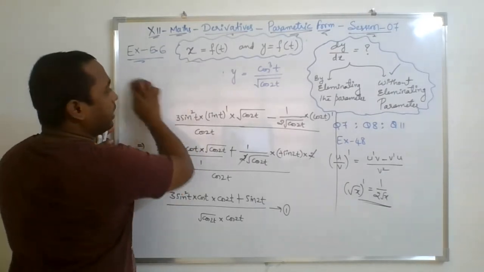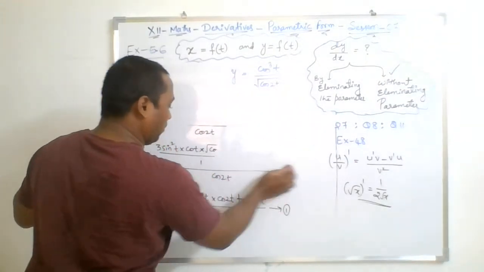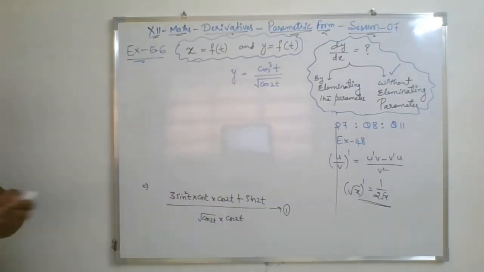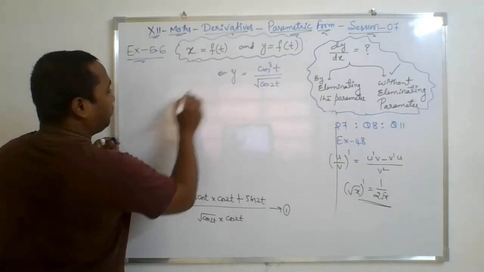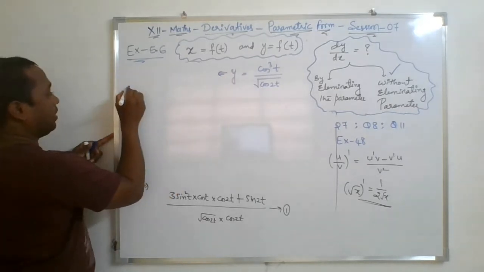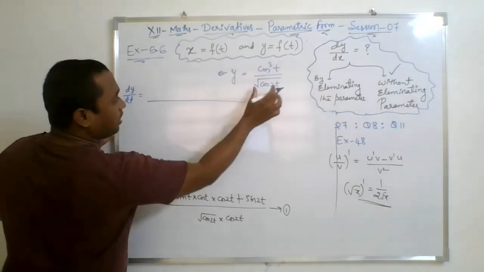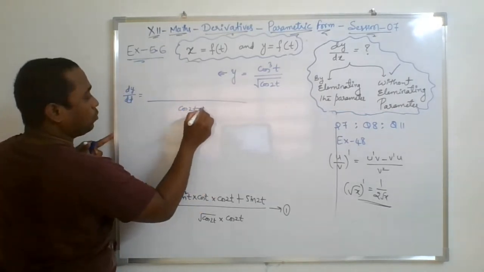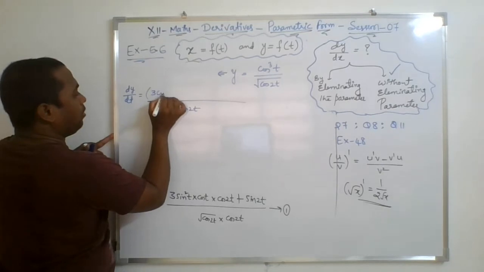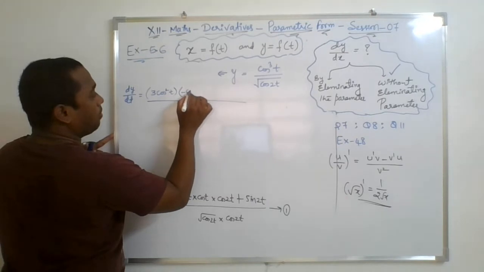Now we are going to take the derivative of this function. Now I am solving this part, dy by dt. Again we have to apply the quotient rule. So dy by dt equals, first in the denominator it is v square, so it becomes cos 2t, and then the derivative of the numerator is 3 cos square t into the derivative of cos t, which is minus sin t.